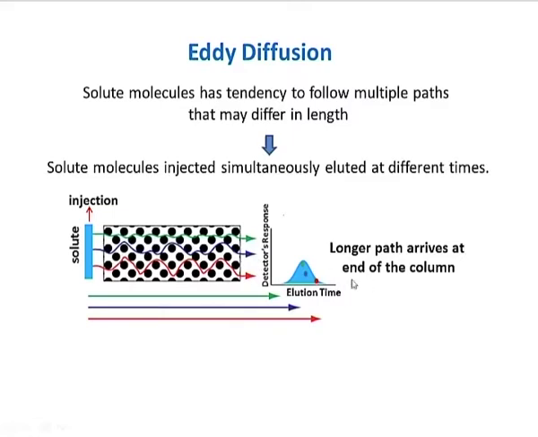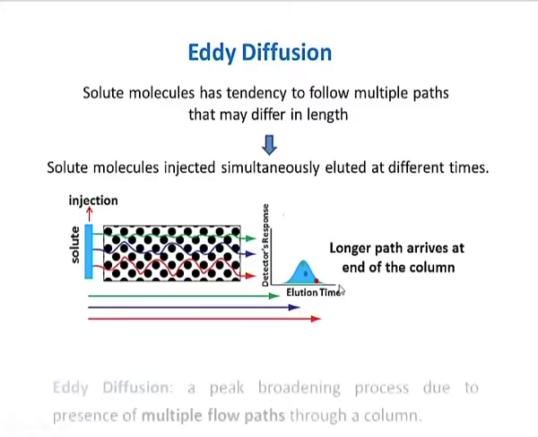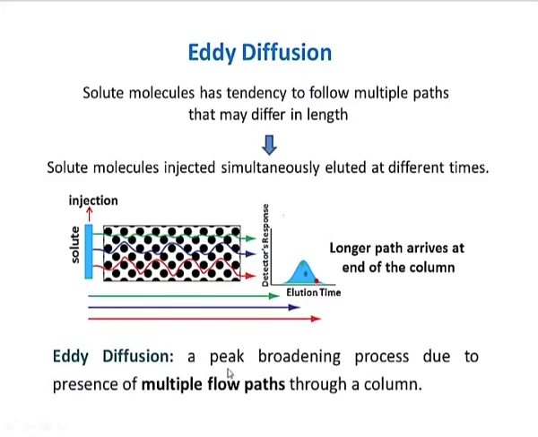Now, that would introduce peak broadening into a chromatographic column or a chromatographic experiment. So, the longer path arrives at the end of the column and the shortest one would arrive at the earliest. So, eddy diffusion talks about peak broadening process due to presence of multiple flow paths through a column.